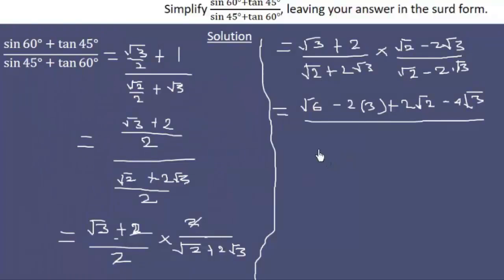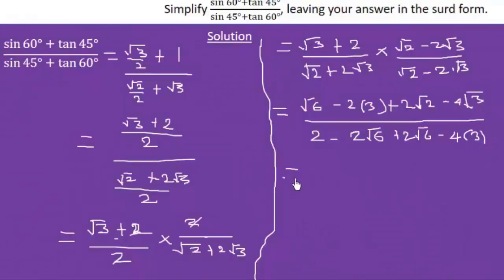Now the denominator: this and this will give us 2. Then this and this will give us minus 2 root 6, and this and this will give us plus 2 root 6. Then this times this will give us minus 4 times 3.